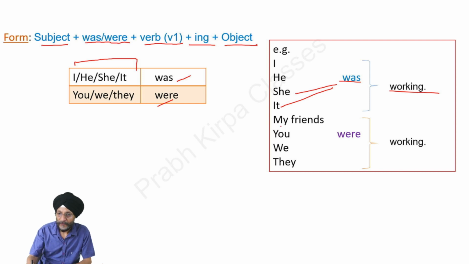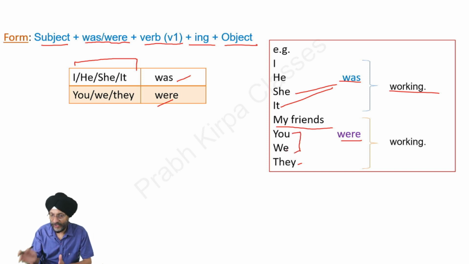And when there are persons in plural, that is my friends or they, we use were. We have also to use were when the subject is you or we. You were working, we were working, they were working, my friends were working.